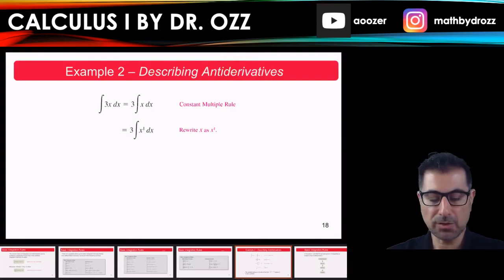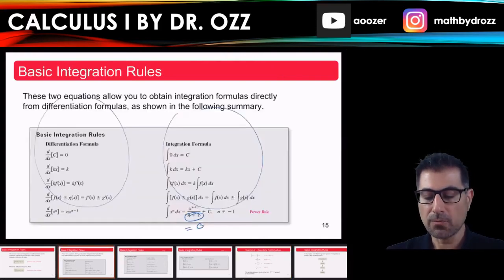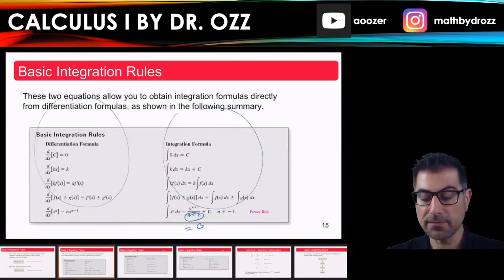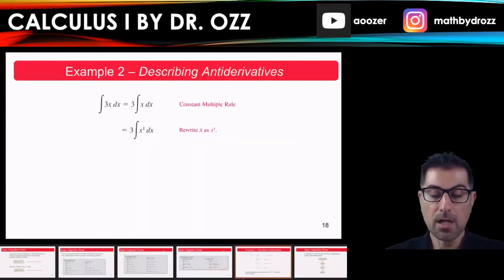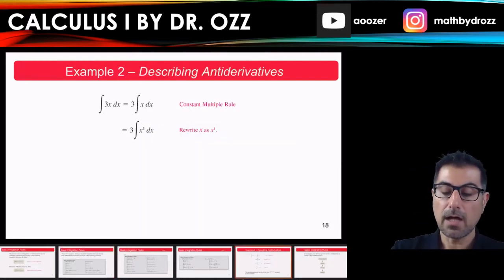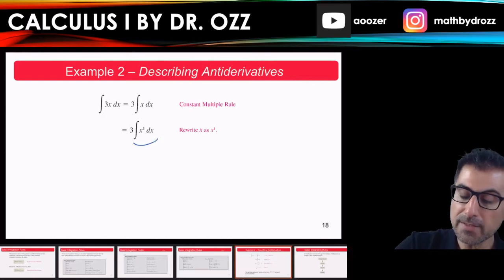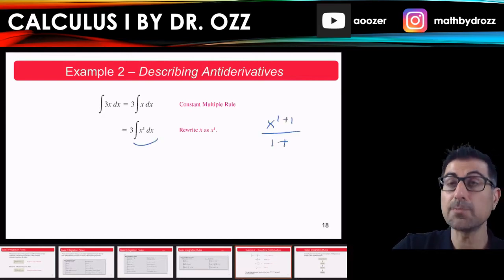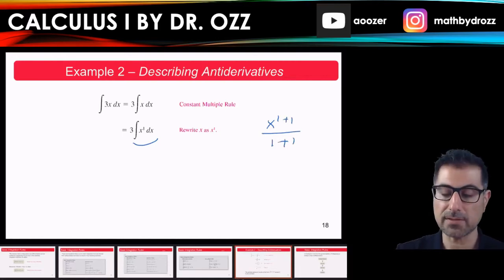So then by using the power rule for integration, we are going to add 1 to the exponent and divide by the new exponent. This is the rule that we're going to use. Okay, so let's see if that's correct.